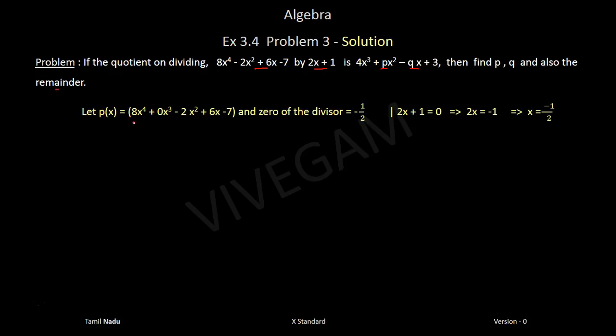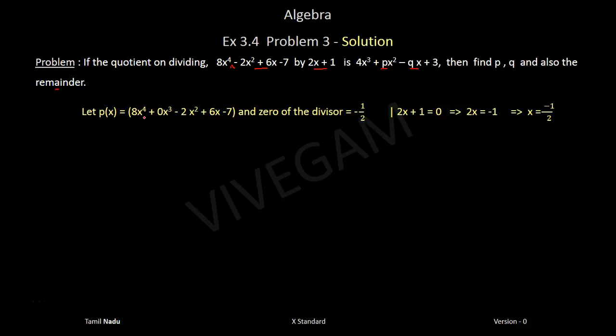So let's check the coefficients. You have x to the power of 4, then x square. X cube is missing, so we need to add that. Then 6x and 7. Here the coefficient of x in the divisor is not 1, so you'll have to add one additional step towards the end, an adjustment for this coefficient.